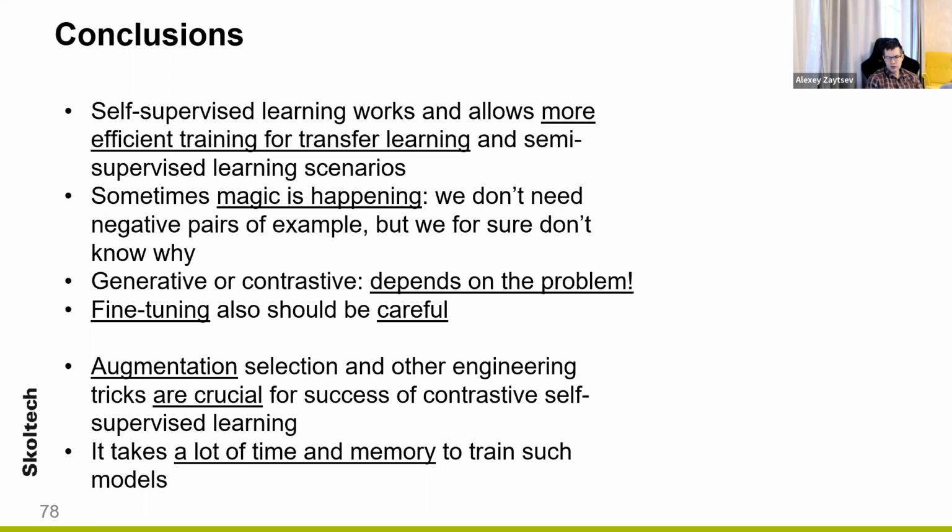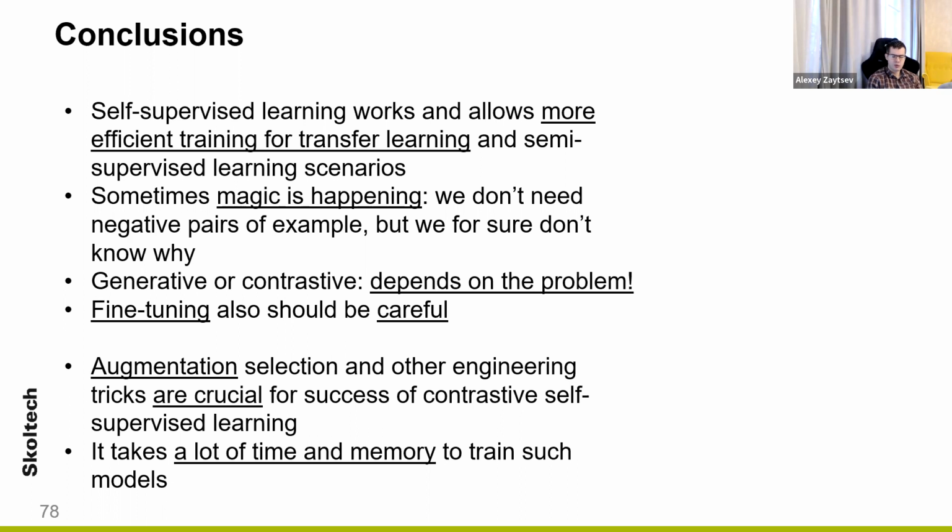Also, we have two general ideas for true self-supervised learning: generative or autoregressive, and the contrastive approach. Both of them work, but I suppose that which is best depends on the problem. If we target autoregressive downstream problems for application of this embedding, then maybe we should use generative models.